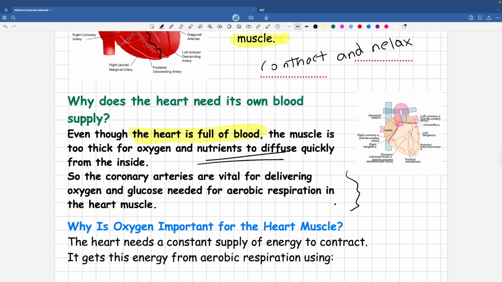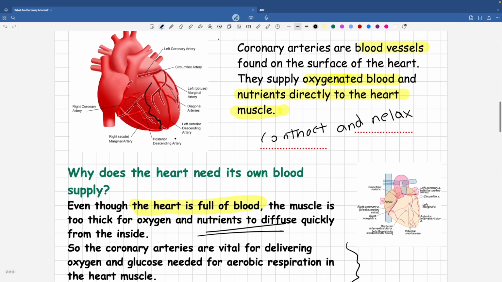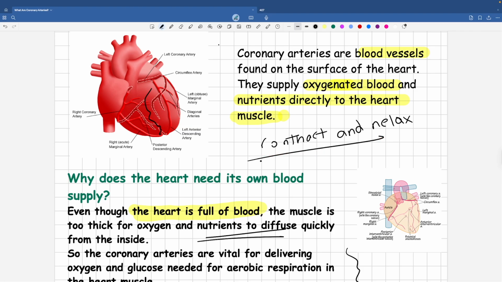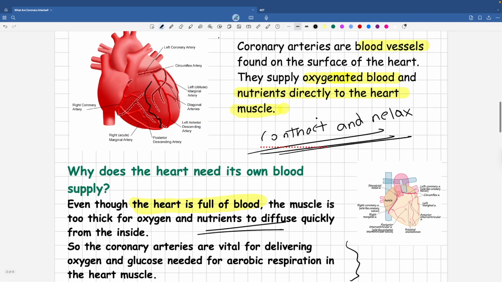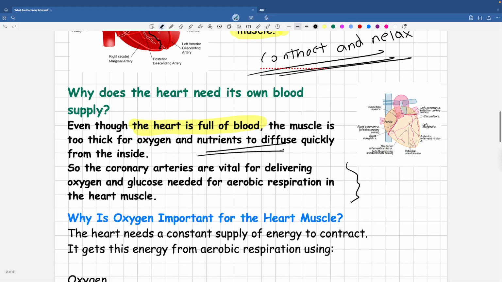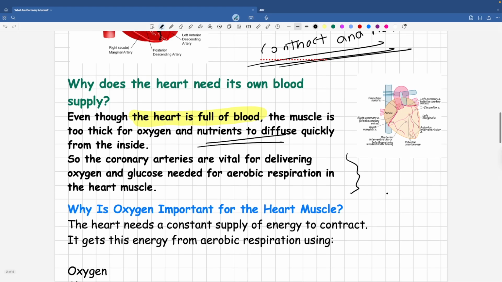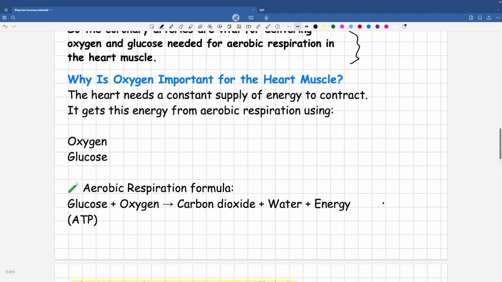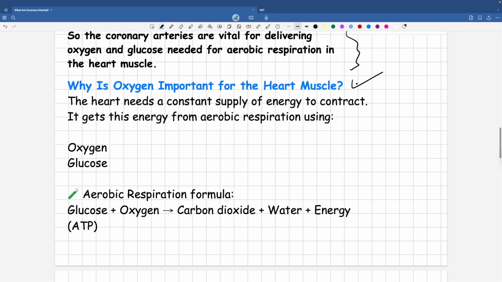Be with me. So the coronary arteries are actually vital for the heart to function. As the heart continuously contracts and relaxes, it needs continuous supplies of oxygen and nutrients. Otherwise, if it decreases slowly, the heart muscles cannot contract and relax properly. Why is oxygen so important for the heart muscles, right?